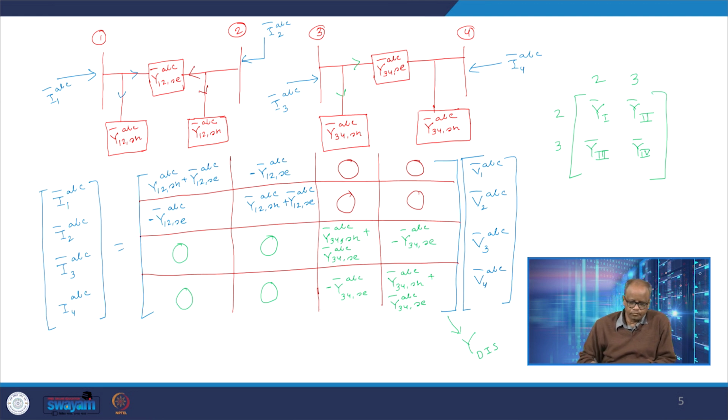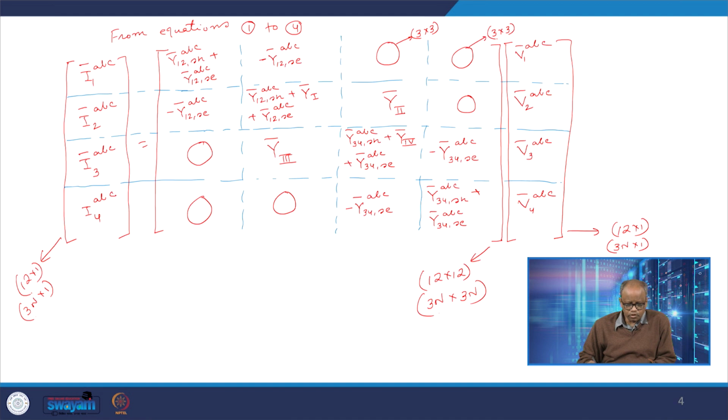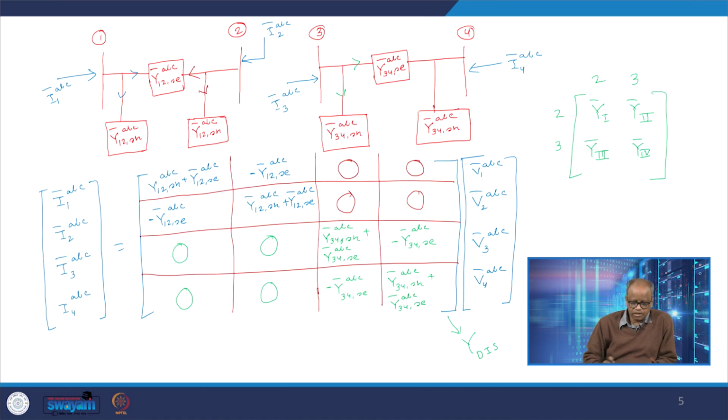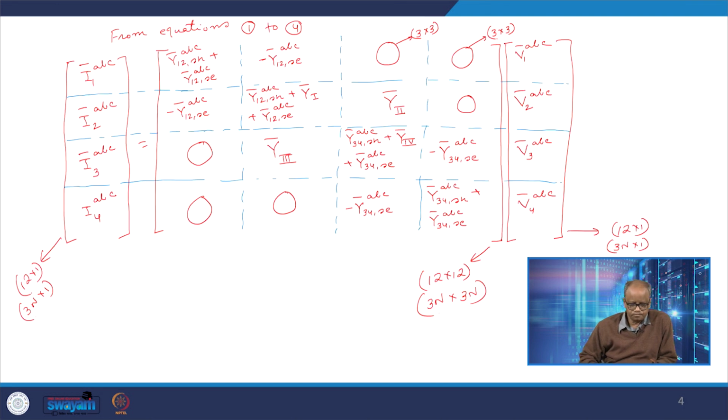Now if we look at the original matrix, which is the correct matrix, the 2 2 entry of this disjoint matrix only differs from the 2 2 entry of the original matrix by the presence of y1. So if I just add y1, I get the original.